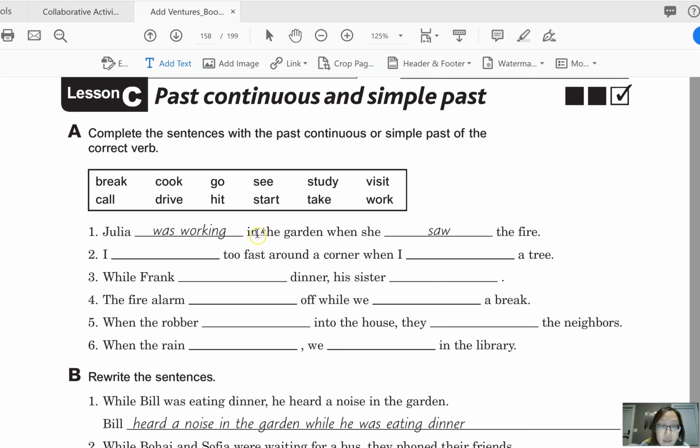Julia was working in the garden when she saw the fire. So we used work right here and see right here. So you can change work to past continuous and see to past tense, which is saw. Okay, so take some time to complete this activity, and you can pause the video and continue when you're finished.